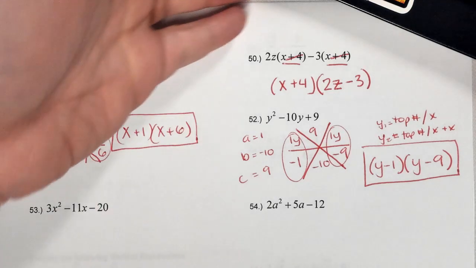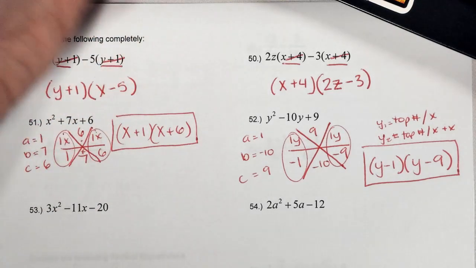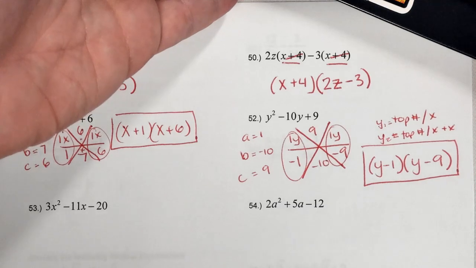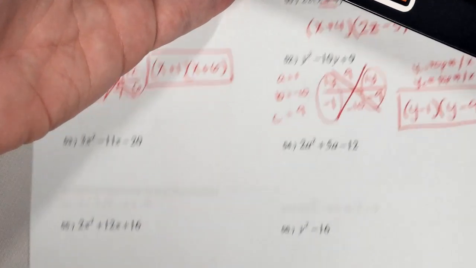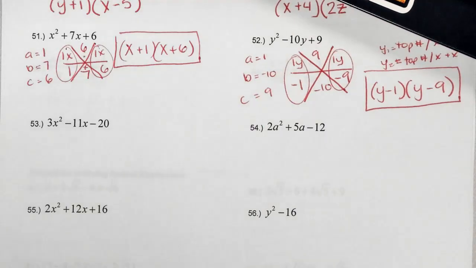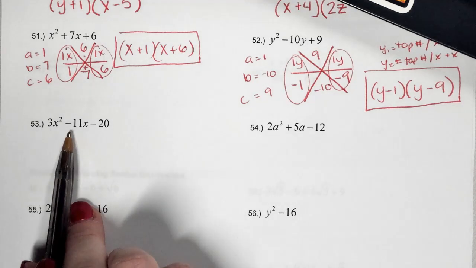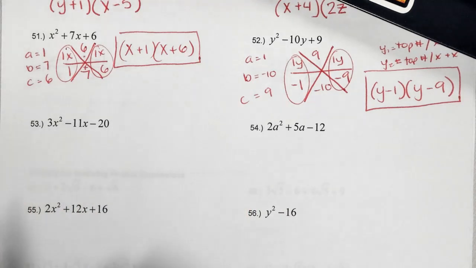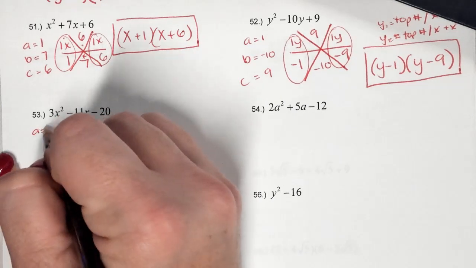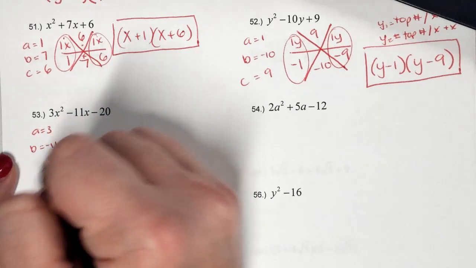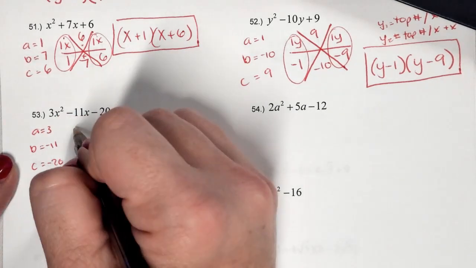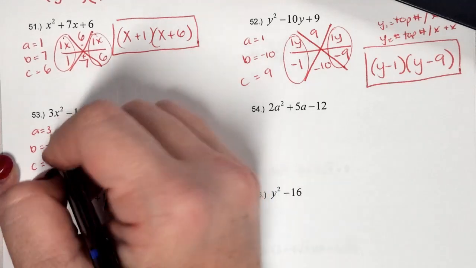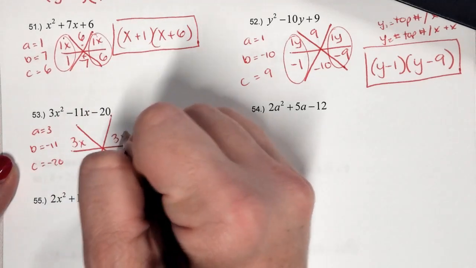Okay, 53. Now this one, you'll remember, if A is not 1, always check for a GCF. 3 does not go into 11, 3 is prime, so we don't have a GCF here. A is 3, B is negative 11, C is negative 20. A is 3, so 3x, 3x.